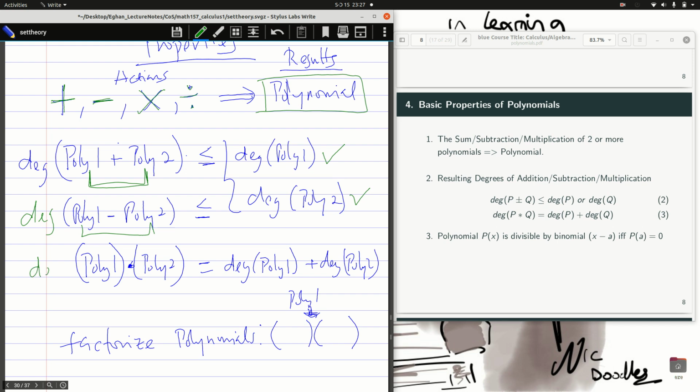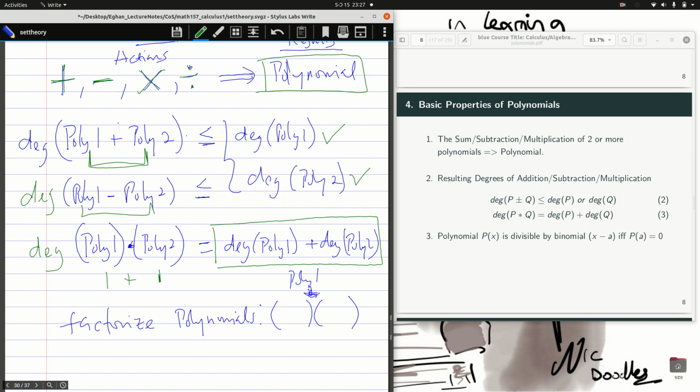But when I multiply 2 polynomials, it is a different story. The degree of the resulting polynomial will be the addition of the 2 degrees. I don't know if this sounds very well, but it's simple as that. When I multiply these 2, the resulting degree will be the degree of this guy plus the degree of this.